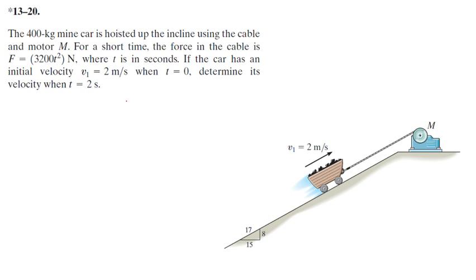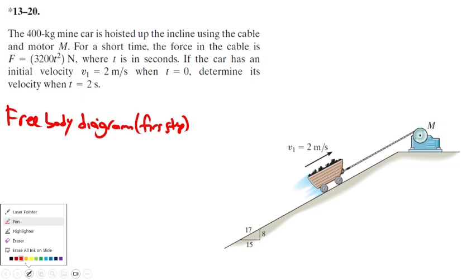Okay, let's do that. First, always free body diagram. First step. The free body diagram means that we free the body from the surroundings so that you can easily analyze it.